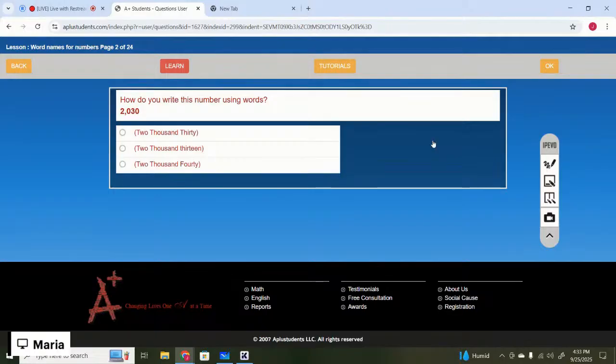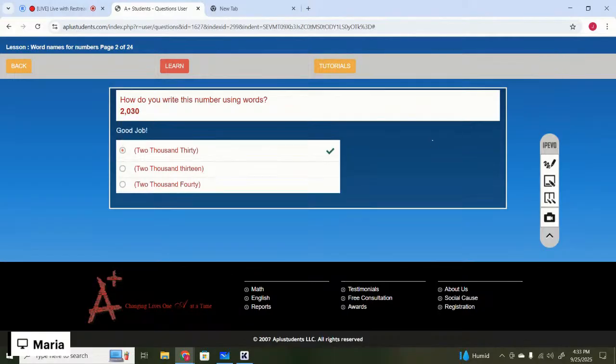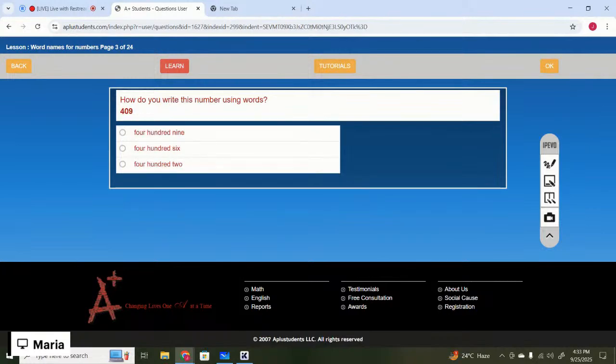That is option number 1, the correct option, 2030. How do you write this number using words, 409?